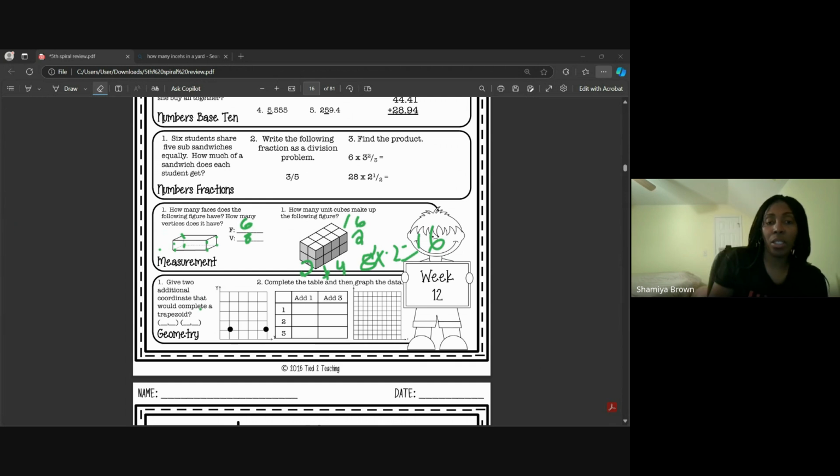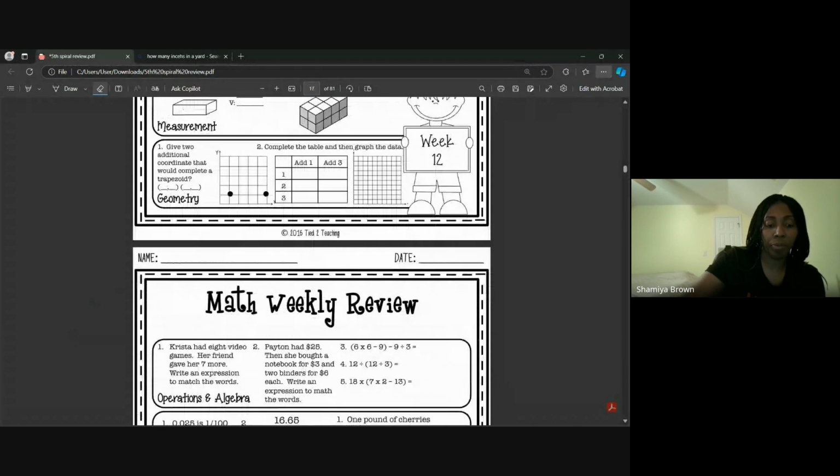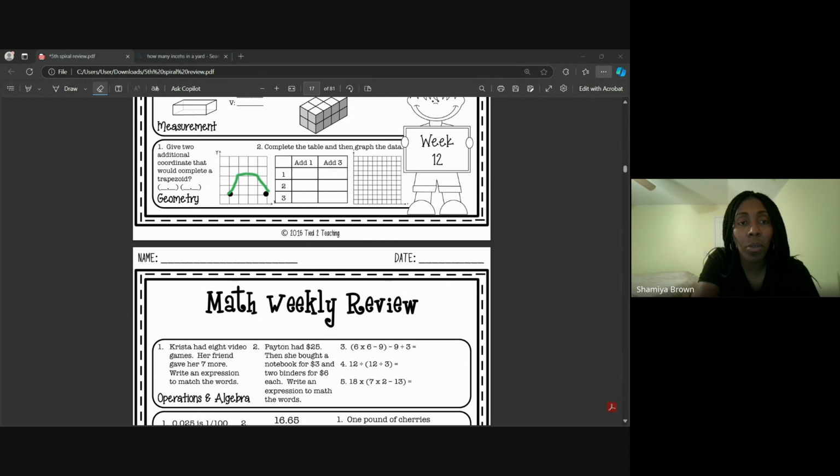And then down here, section 5, it says give 2 additional coordinates that would complete a trapezoid. So a trapezoid would look like that. Something like that.